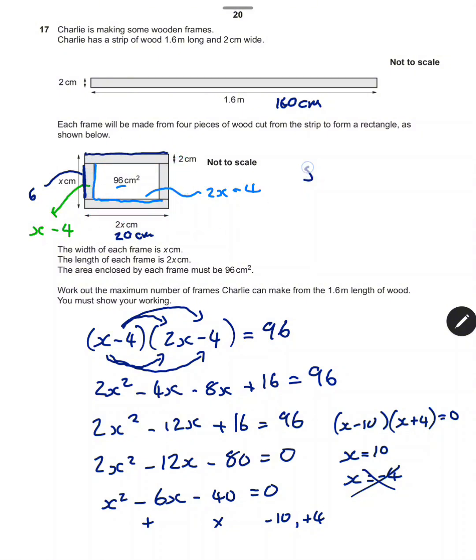Each frame uses 52 centimeters of wood. So let's just see how many we can get from 160 centimeters. 52, add another 52 is 104, add another 52 is 156. I know straight away that if I added another 52, I'd go over my length of wood. So 156 centimeters is 3 frames.